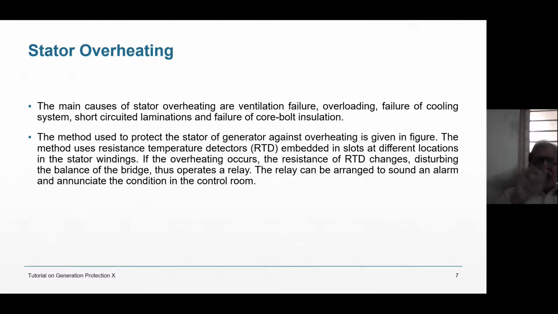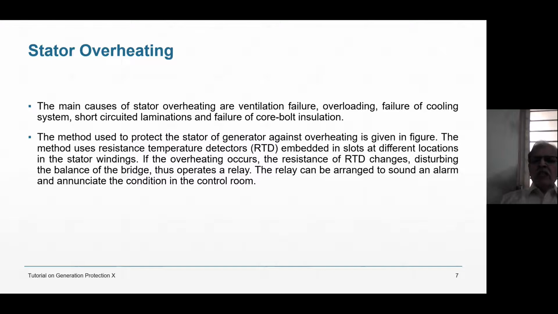So wherever there is a local spot, if the lamination fails, in that spot only there will be overheating. That is very difficult to judge. It cannot be judged by any overcurrent relay. So an RTD nearby will judge this. That will be heated up.